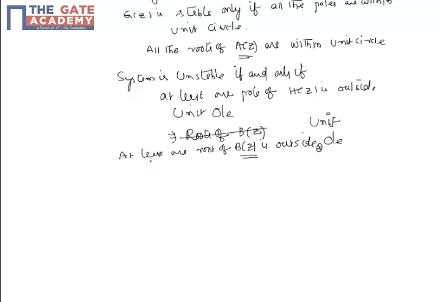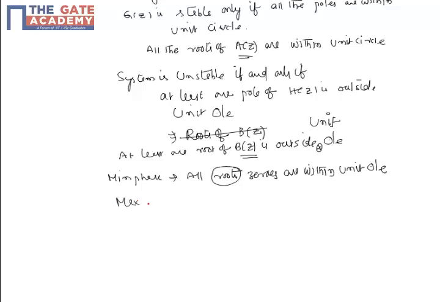Okay. Now what is meant by minimum phase and maximum phase? Minimum phase means all the zeros are within the unit circle. So if all the zeros of that particular system are within the unit circle, then I can say that the system is minimum phase.